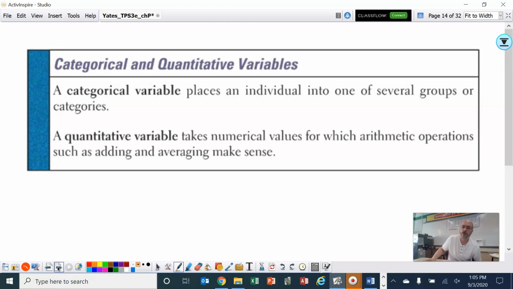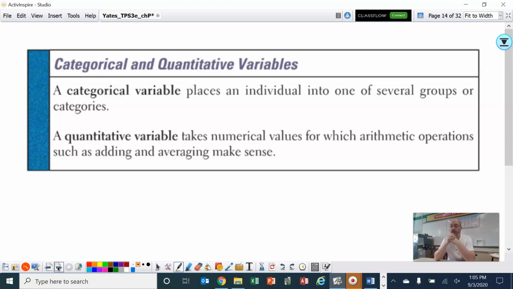All right, 2 types of variables. We've got categorical and we have quantitative. Categorical places an individual into one of several groups or categories. Eye color is categorical. Left-handed or right-handed is categorical.